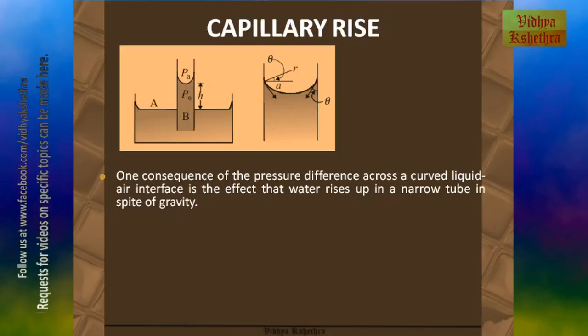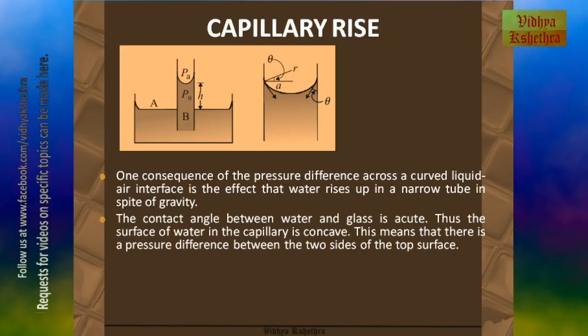This is as a result of surface tension of water. One consequence of the pressure difference across a curved liquid-air interface is the effect that water rises up in a narrow tube in spite of gravity.